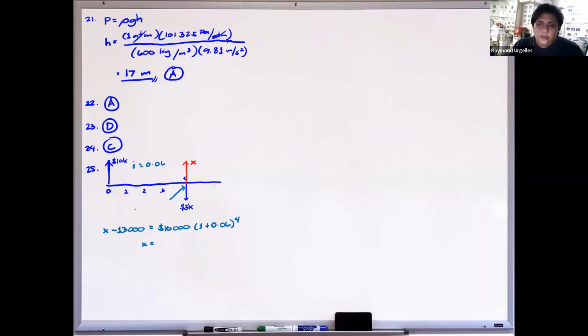So again, the question is how much remains to be paid. Sorry, the direction of my X is wrong. What is being asked is the loan, not how much we have. Therefore, the direction of X should be like this, which means this should be plus.